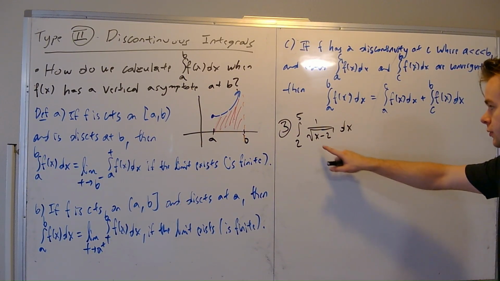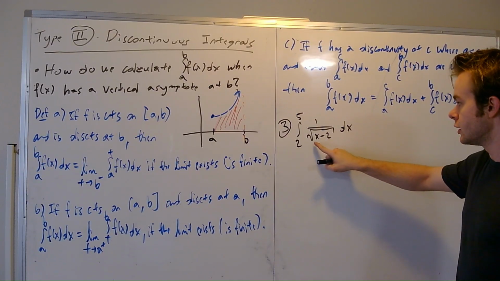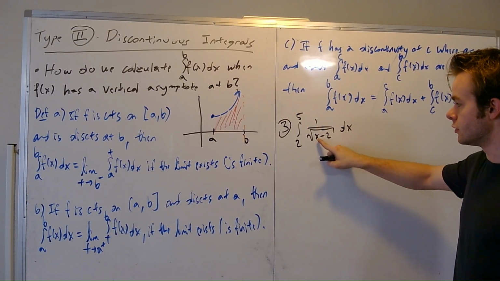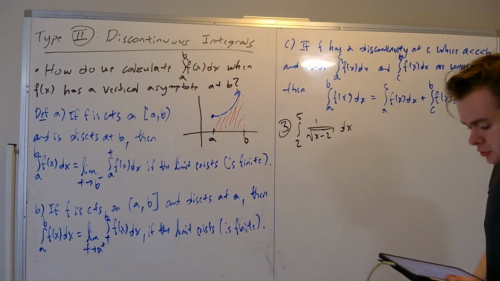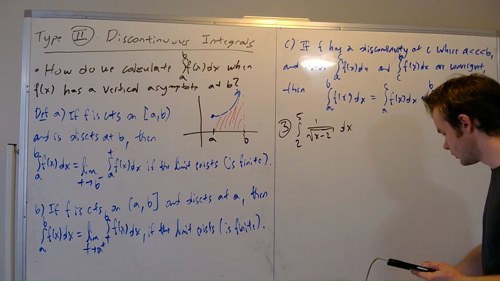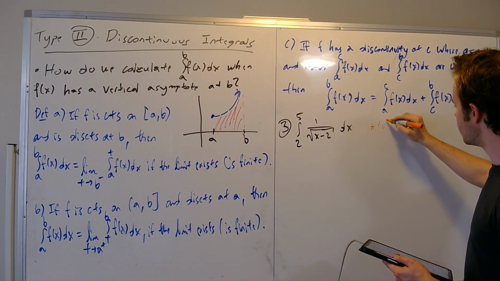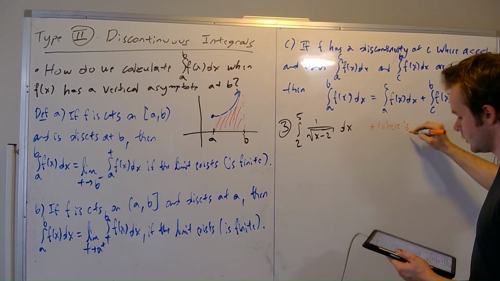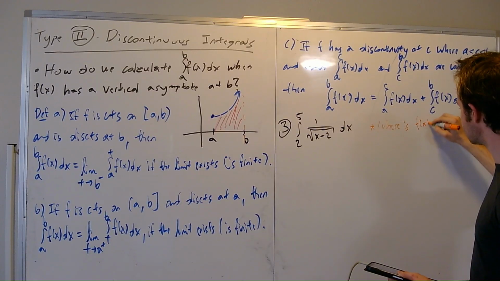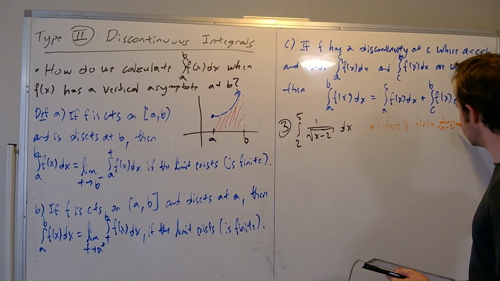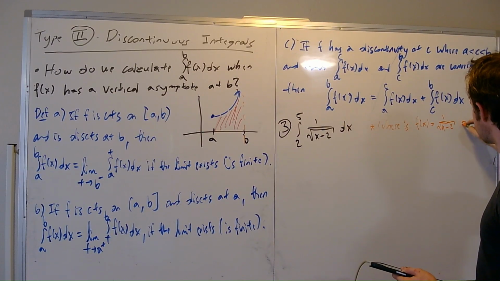If this denominator is equal to 0, that means x is equal to 2. So I'll ask the question, where is f of x equals 1 over square root of x minus 2 discontinuous?